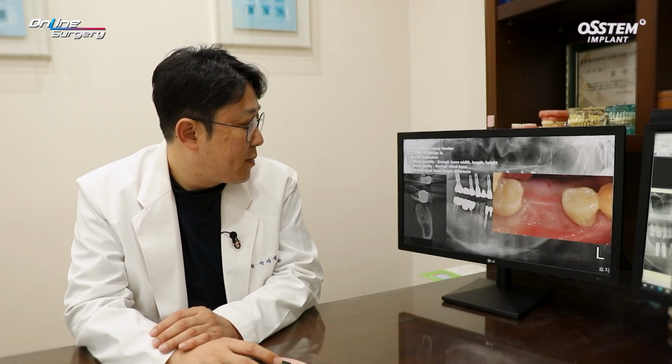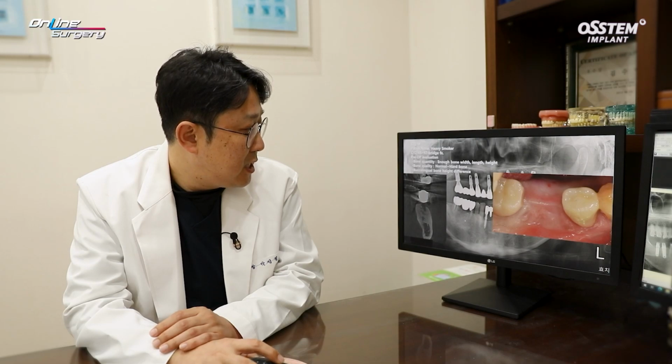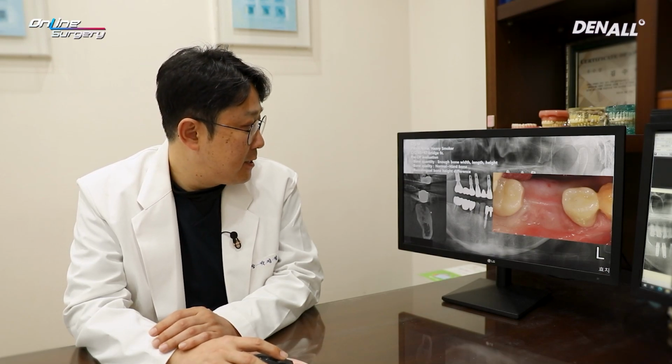Observing the bone loss pattern on the CT, normal bone and hard bone can be estimated. Tooth extraction was conducted about 2 years ago. A little bit of defect is observed, but it would not interfere with the implant surgery.